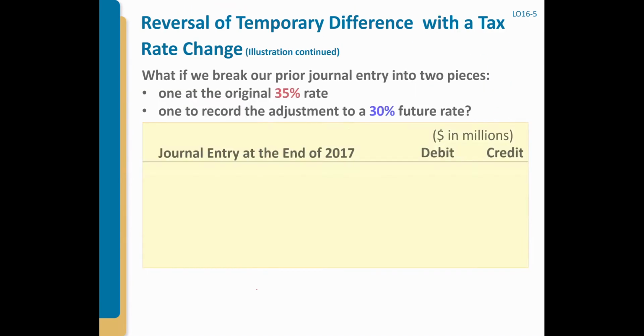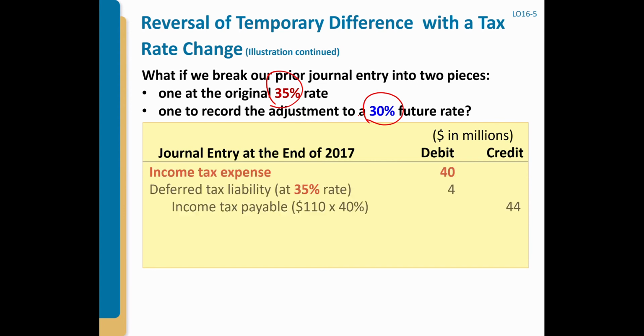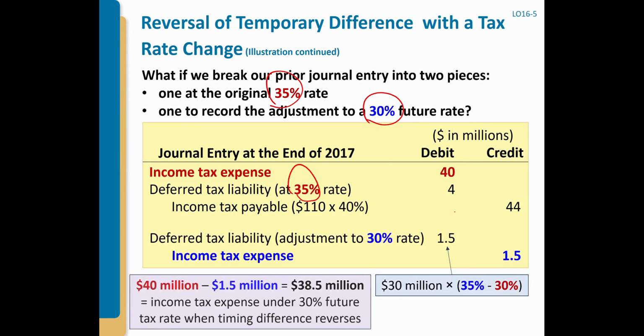Because we changed from 35 to 30% in our situation, what you can do is stay with the original. This is at 35%. This is the original journal, and then you add additional journals. You combine those two, and then you get the total.